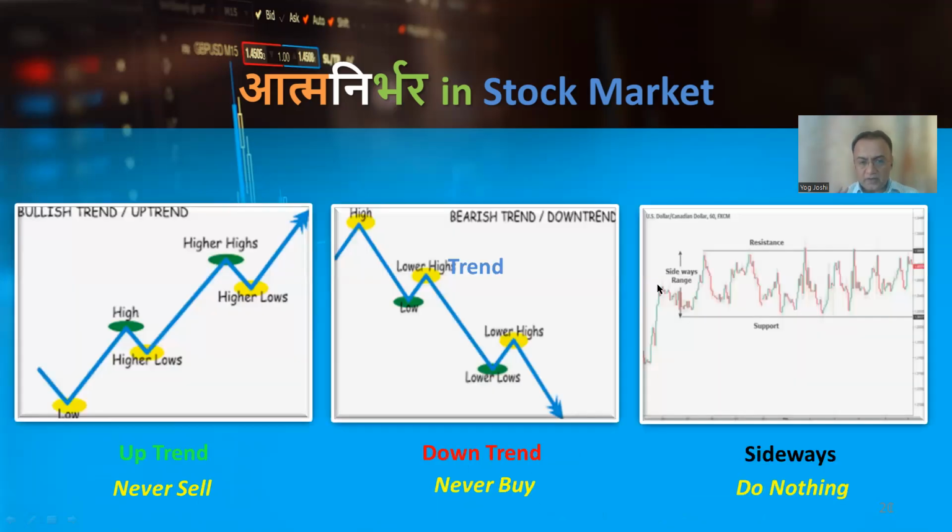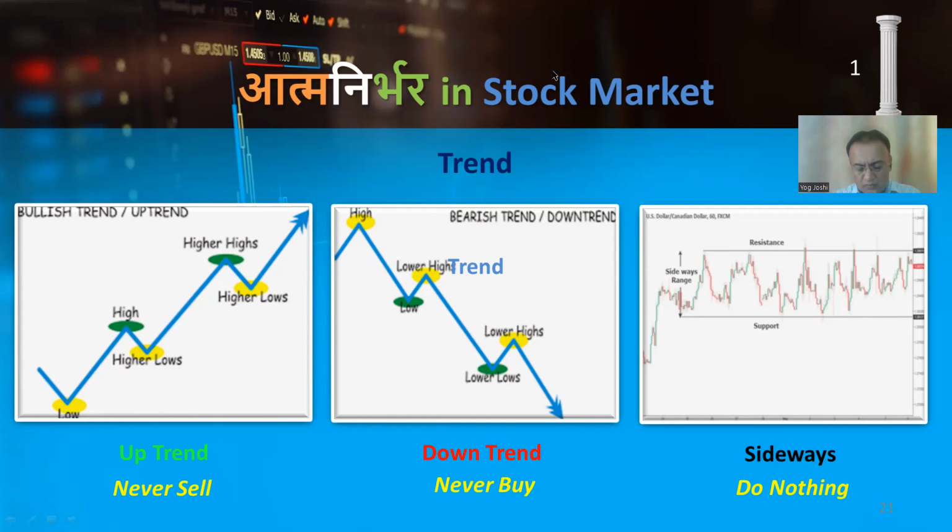So start with trend. What is the trend? In very simple language, trend is a general direction of the chart. We are not going into complicated theory.